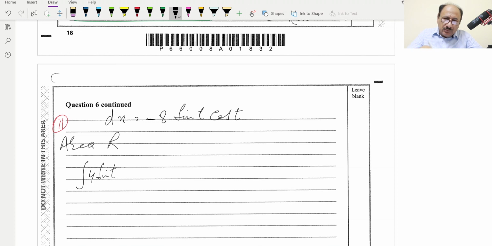We can write x is equal to 2 cos 2t, this is the x value. To find t, first we write x over 2 is equal to cos 2t, and now we can shift cos to the other side, so cos inverse of x over 2 will be equal to 2t.